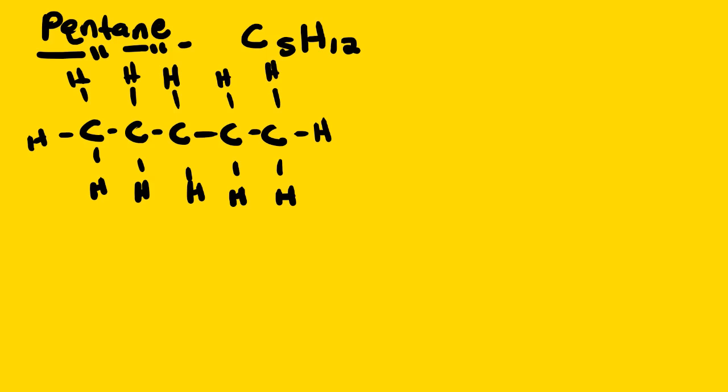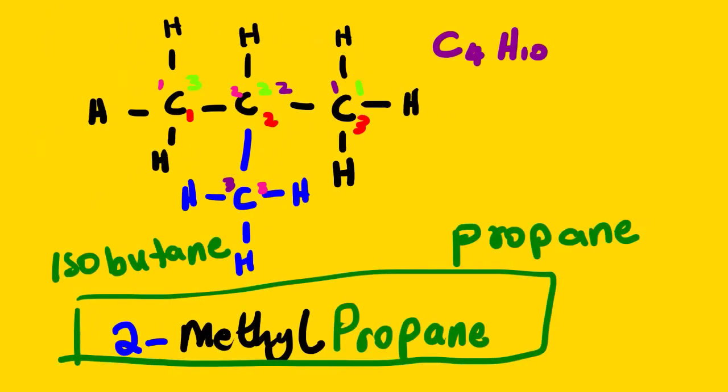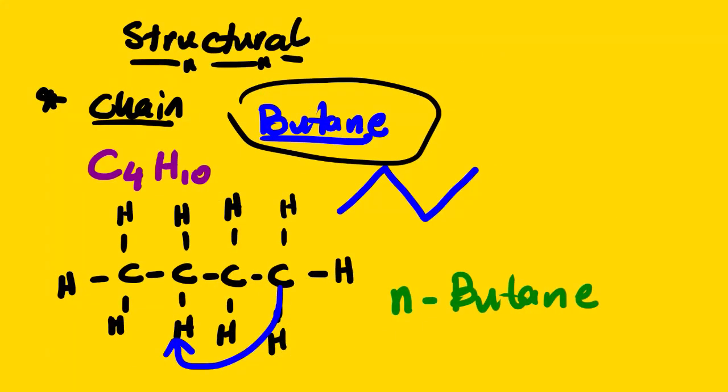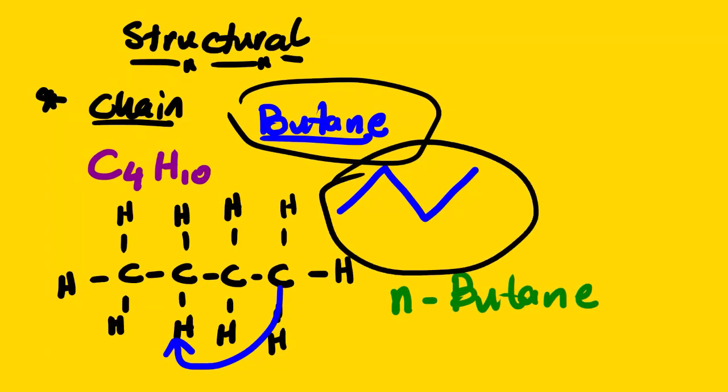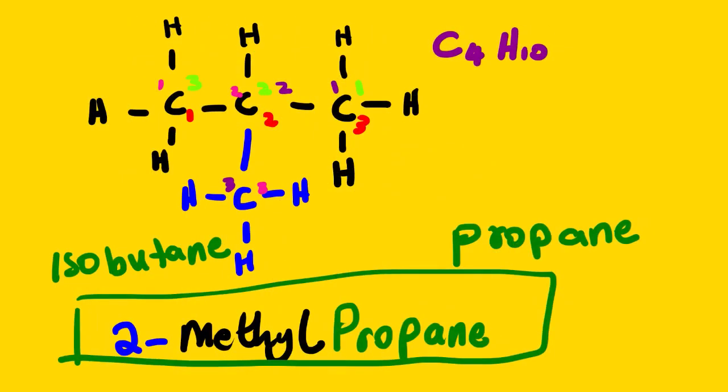Before we continue with this example, I would like us to go back here. Since we have a skeletal structure for butane, then the skeletal structure for 2-methylpropane will be like this.